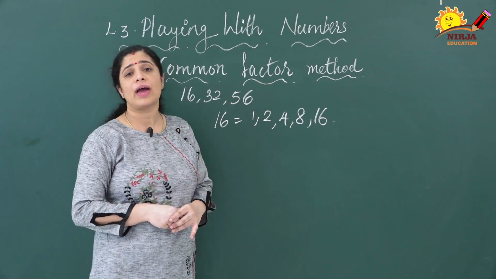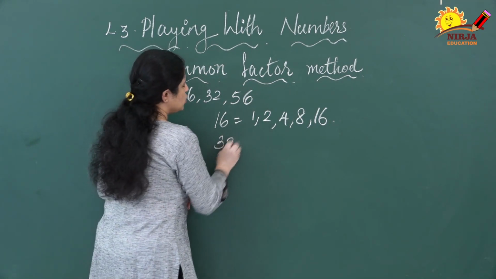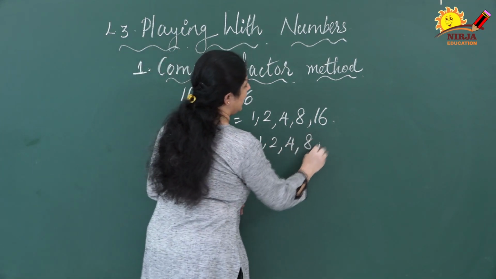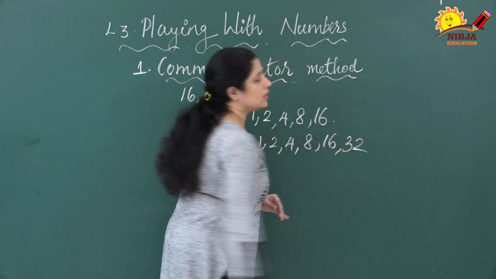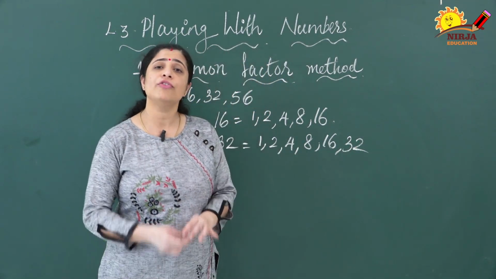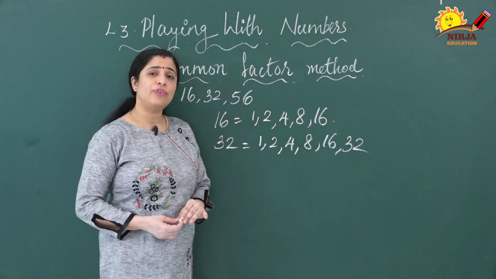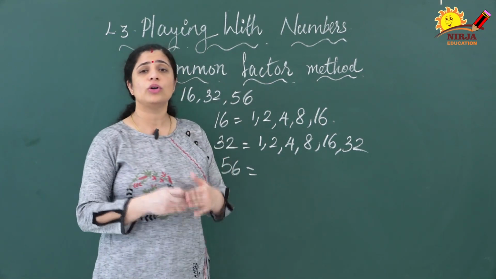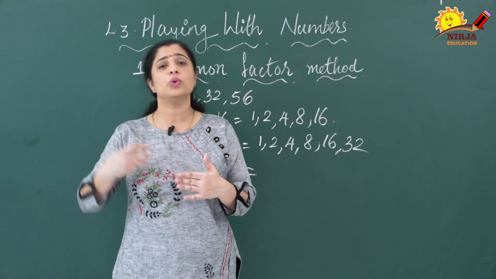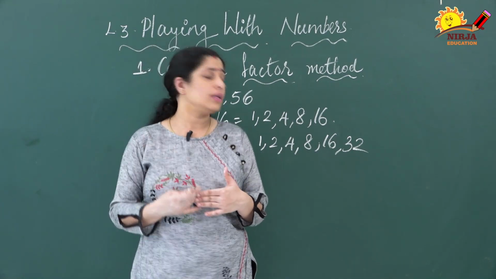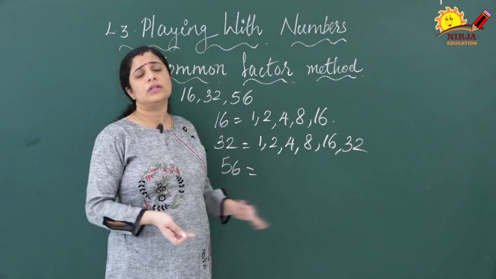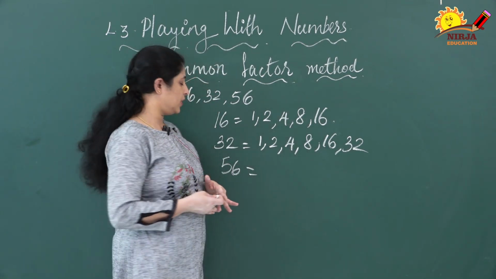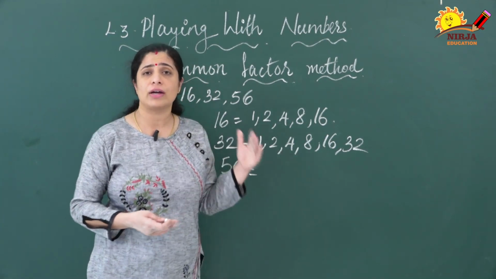Next we have to write the factors of 32. The factors of 32 are 1, 2, 4, 8, 16 and 32. Next I am going to find the factors of 56. To write the factors, you should know the multiplication table, otherwise you can do the division. I think you have already learned in the lower class how to write the factors of a number, so I am directly writing them here.